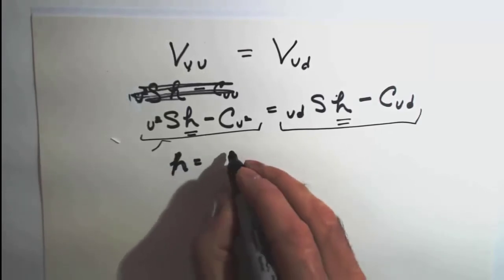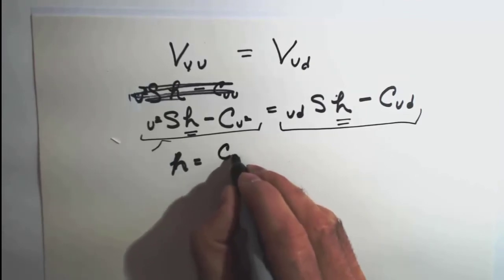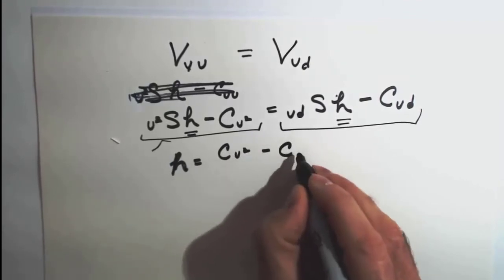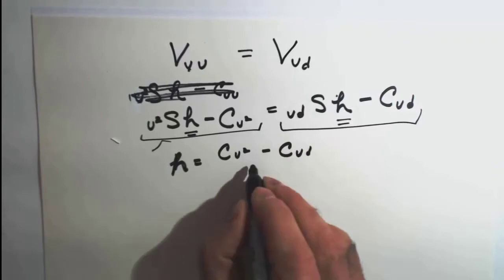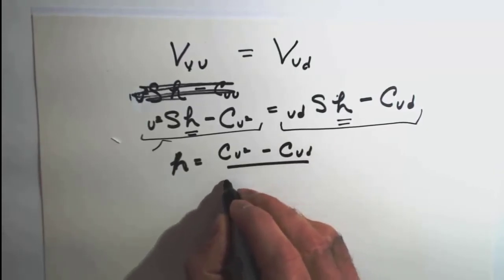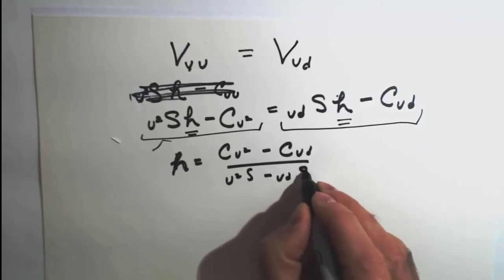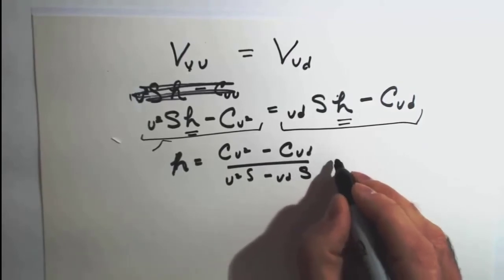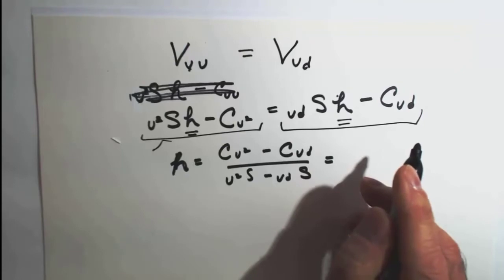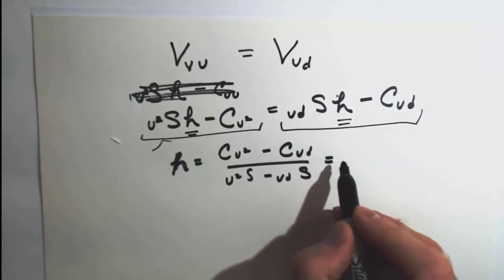H is calculated as CU squared minus CUD, and then it's U squared S minus UDS. And that equals, okay, we can figure out what H equals.